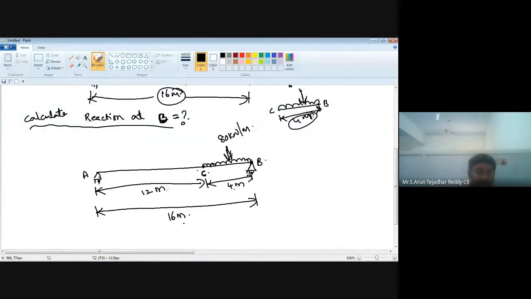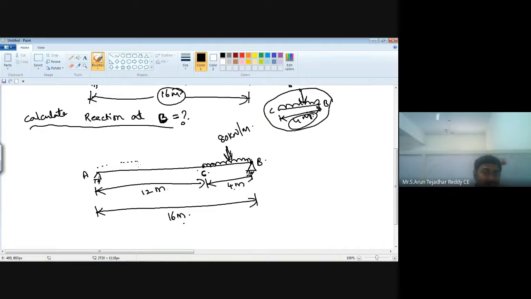Suppose if he asks calculate reaction at A, then simply this C to B I can place here, up to 4 meter. Okay.